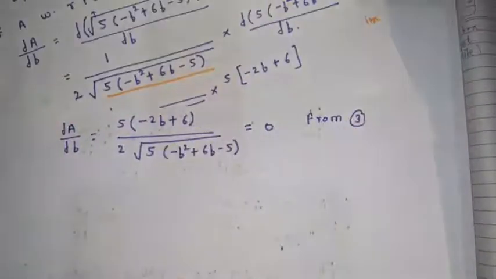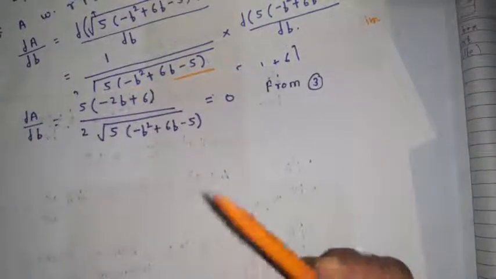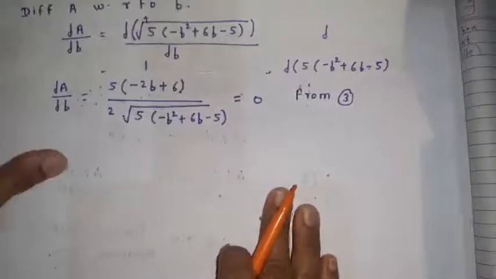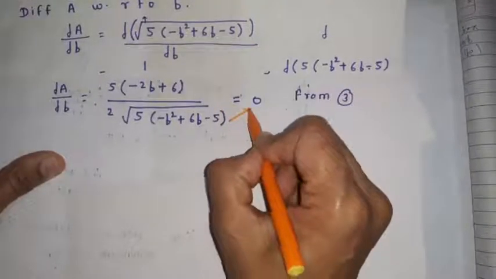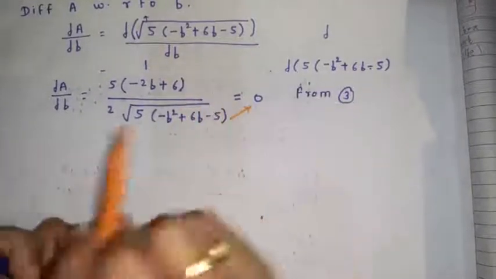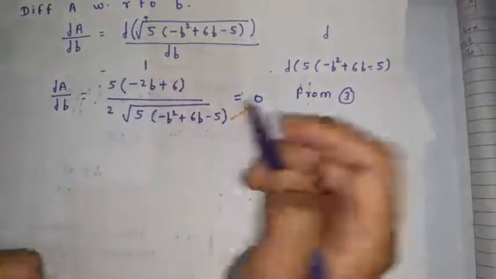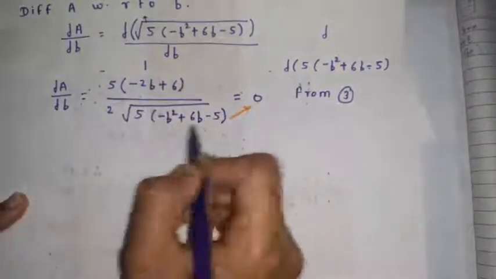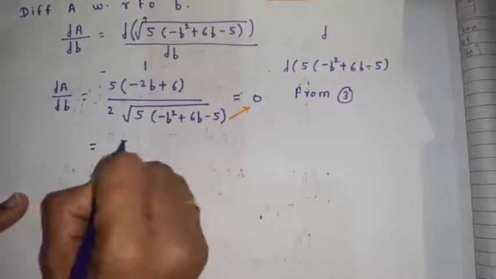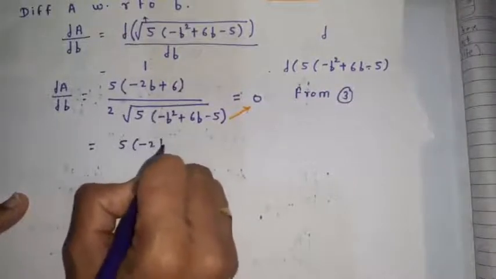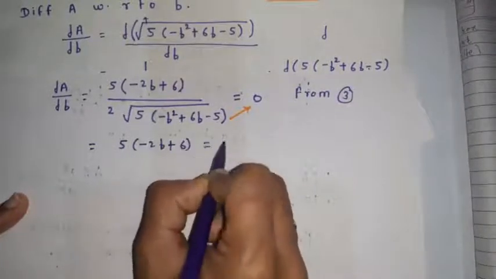Okay students, now the denominator term will be shifted to the other side, and it will become 0, because 0 into anything is 0. Now we have 5 into minus 2b plus 6 equal to 0.